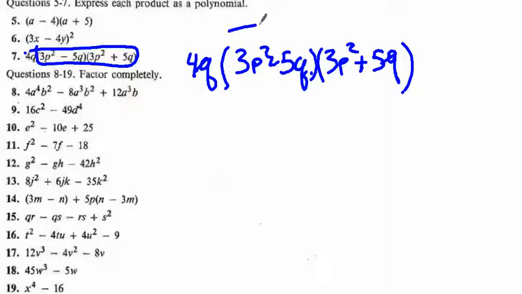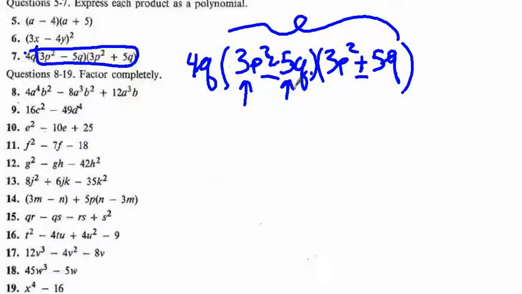And so when I'm looking at this, I notice I have 3p squared and 3p squared here. I know I have 5q, and I have a plus and a minus. This is a difference of squares. And we know in a difference of squares the middle term will cancel out. So all I need to do is square these two numbers, and I'll get my expanded form.